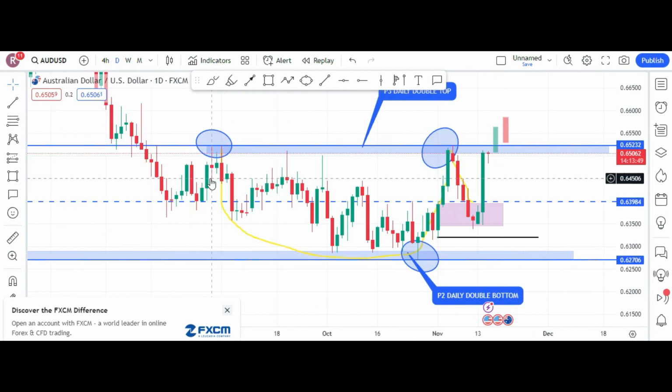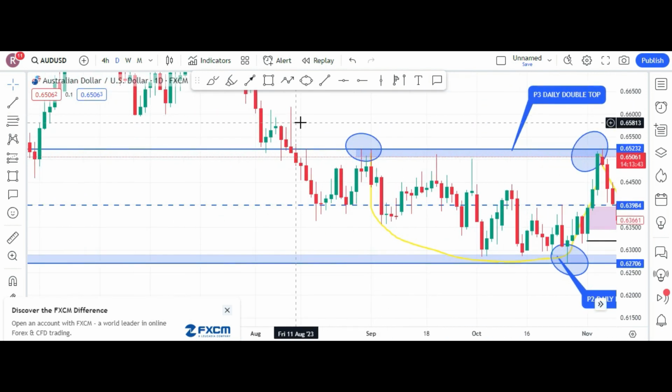Now you see we have been ranging in this channel for a long time. And what is the time frame we are talking about? In this range, AUD USD is lying from the 10th of August. So it is August, September, October, November. It is more than 3 months.